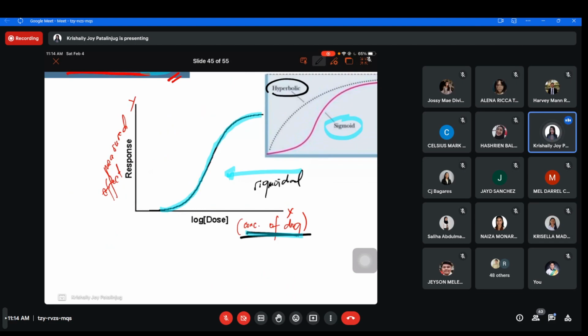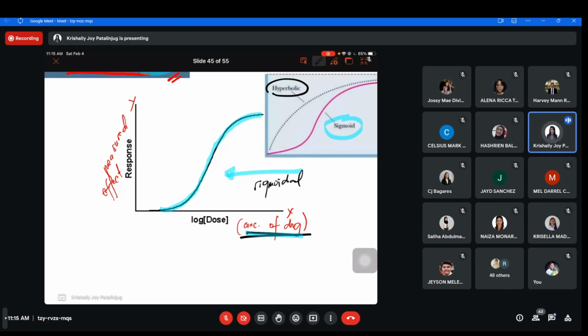Now, between the two, between sigmoidal and hyperbolic, more conveniently used is the sigmoidal graph. This is for the reason na, again, madali lang natin ma-identify yung mga parameters, mga sub-variable involved in the dose-response curve using sigmoidal graph.